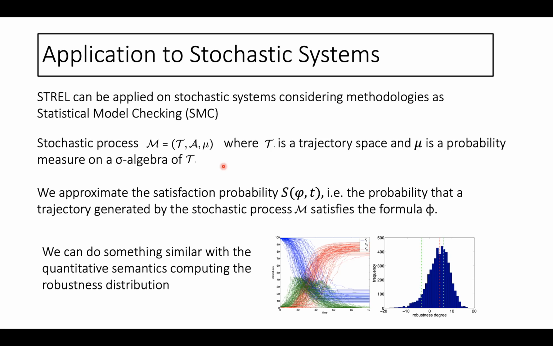If instead of the deterministic system we take a stochastic system, we will have a number of trajectories. We can compute for each of them the value of the robustness, and then we can see the frequencies of this. This will give us an approximation of the robustness distribution.